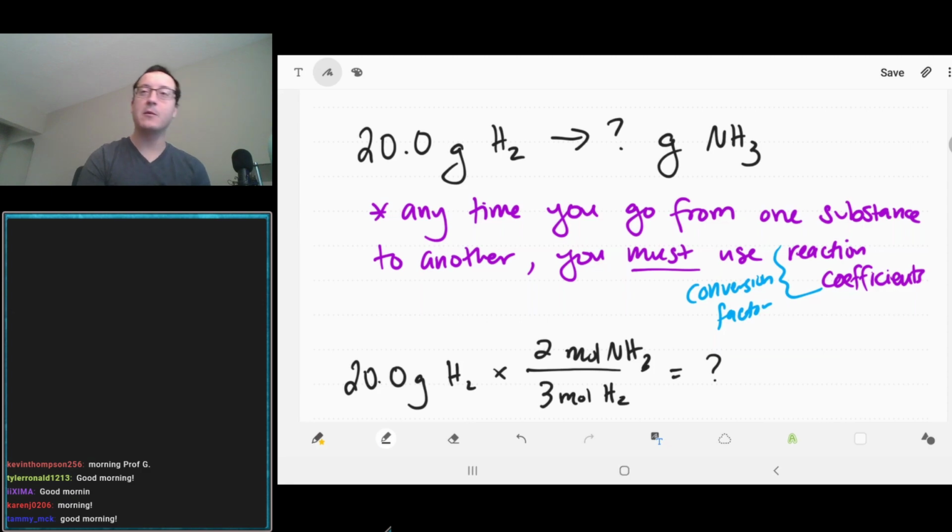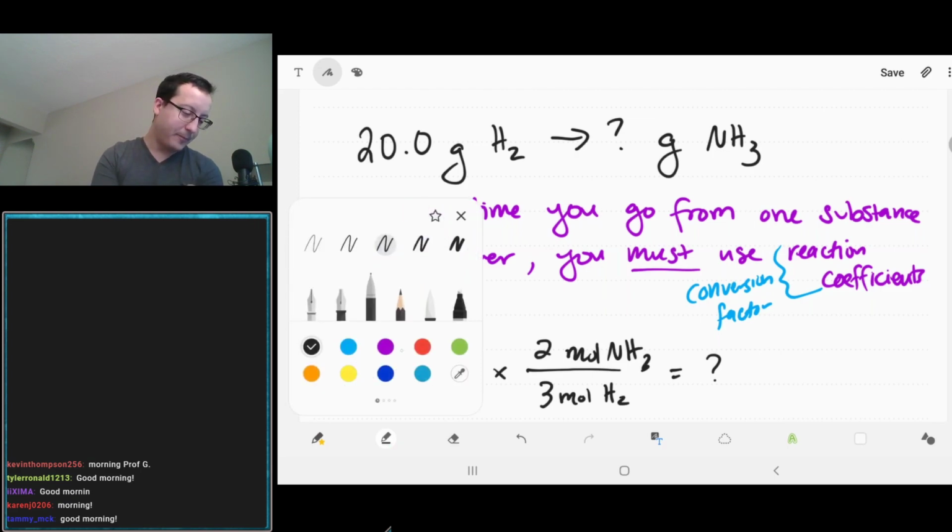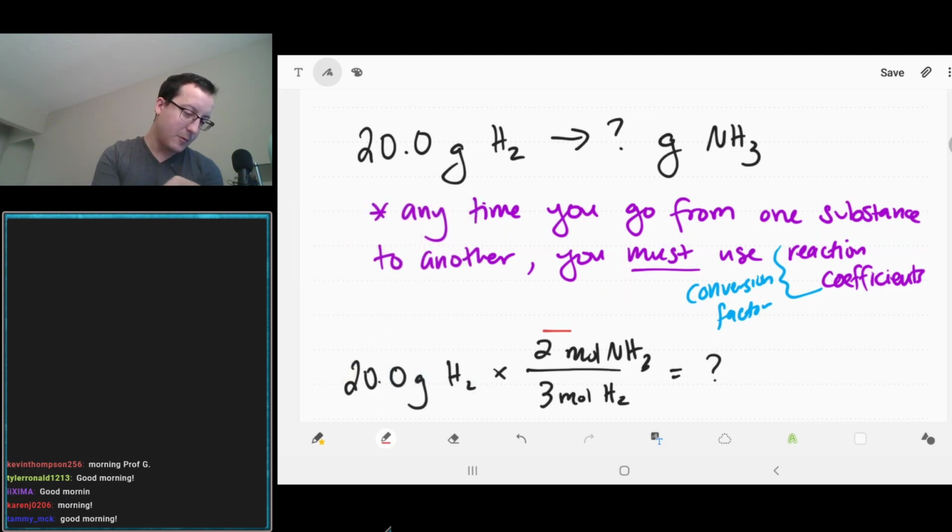No, we can't, right? Because if we look here, the units do not cancel out. We can't just put in grams and throw in our reaction coefficients and hope the answer comes out. Nope, can't do that yet. We will have to do that for sure, but not quite yet.